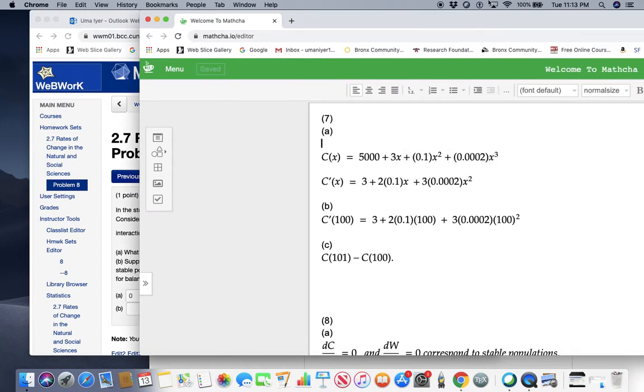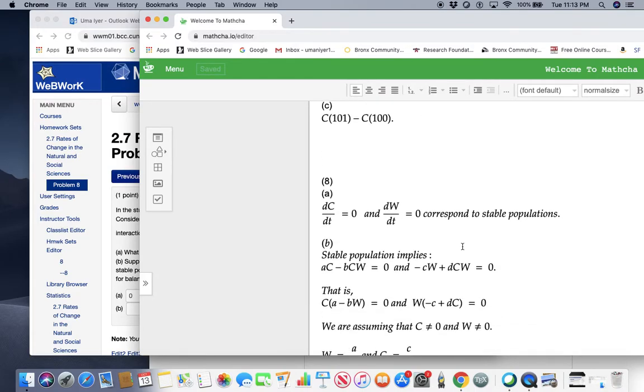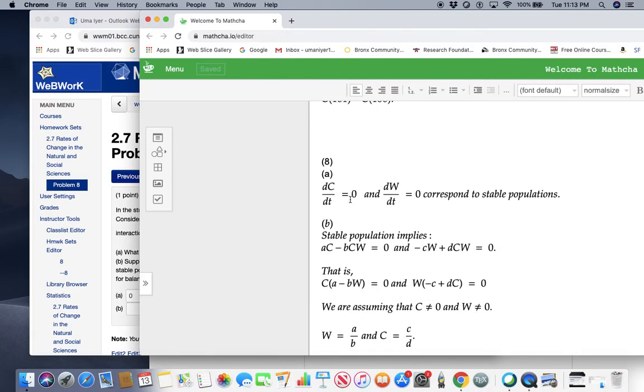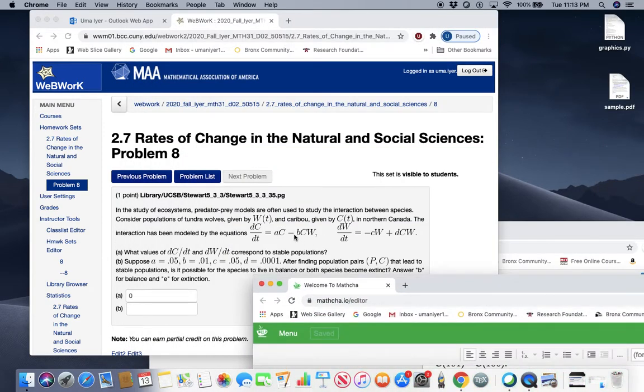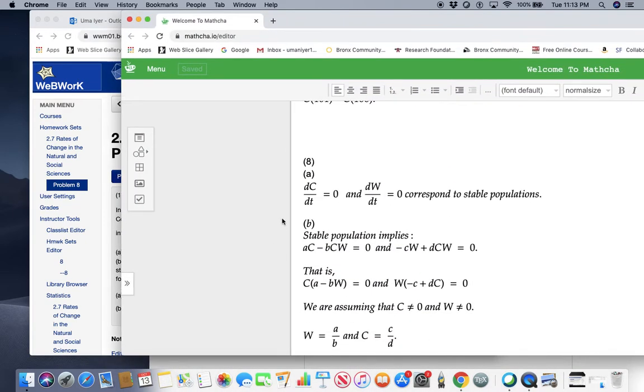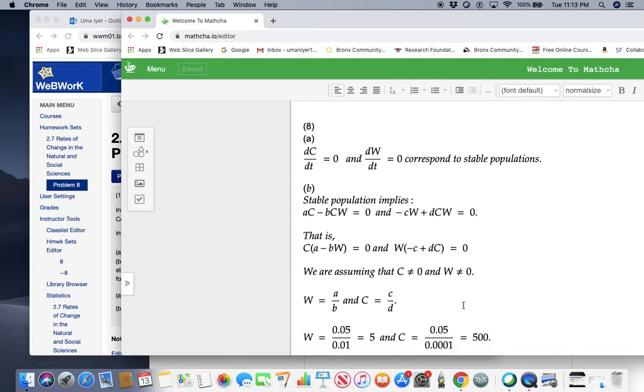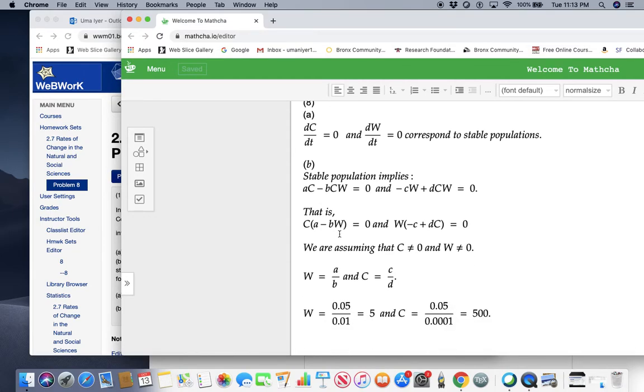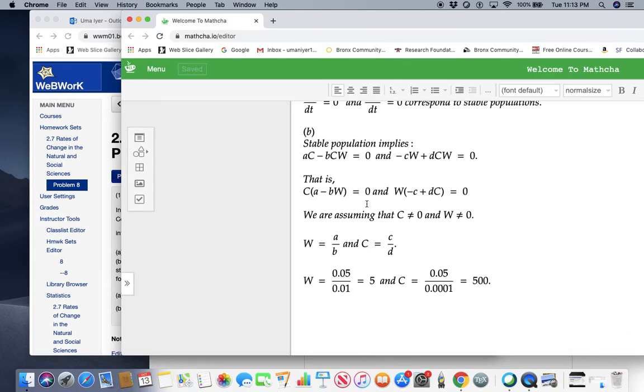Well, what happens? We know that stable means the derivative is 0. So we are given functions for the derivatives. You take those derivatives and set them to 0. The question is, can we solve for W and C meaningfully? Well, assuming C and W are not 0, I can solve for W, right?